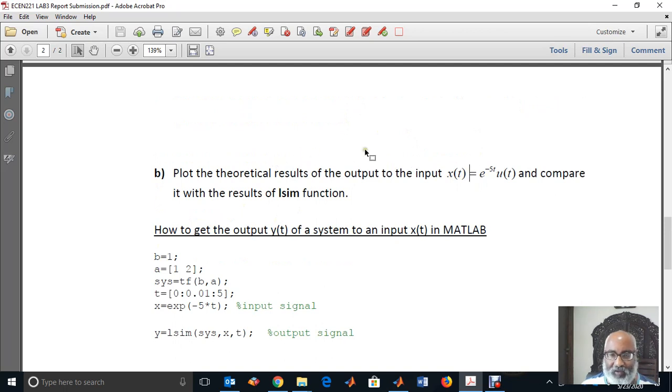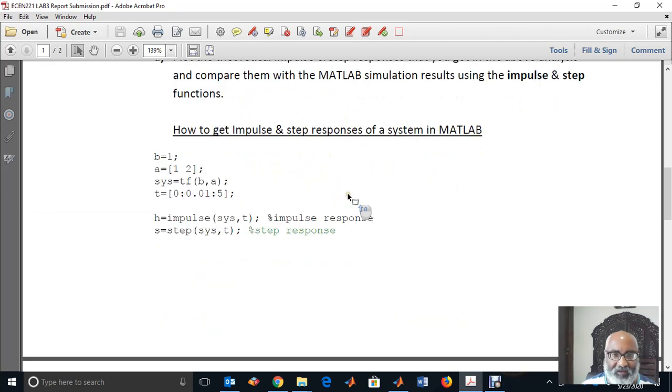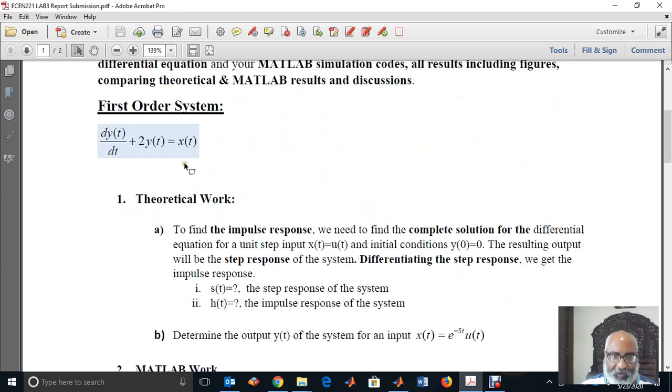Using the concepts you studied in the theoretical lecture class, you will find the output y of t for the input e to the power of 5t u(t), where the initial condition y of t is equal to 0.